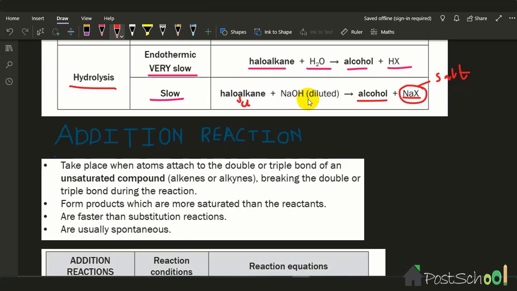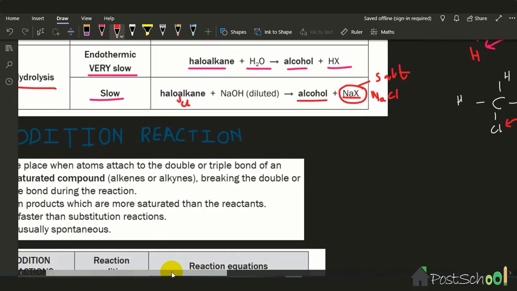So ngoba phela kuzokwenzeka i-substitution, ku-replace-ke ulo Cl mhlambe ngo-OH, and then phela kuze kuphume leya alcohol, replace ngaleya OH, and then leya Na usuzocombine nalo ya Cl lapho kuphume a table salt u-NaCl. Substitution reaction. So iyabonakala ke lento leyo ukuthi isebenza kanjani.